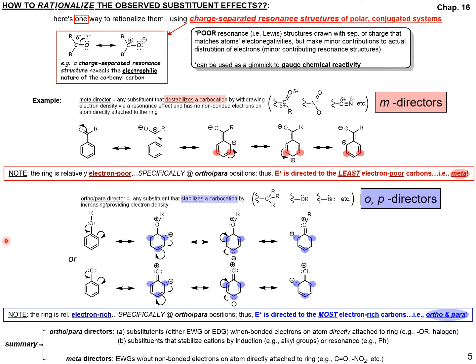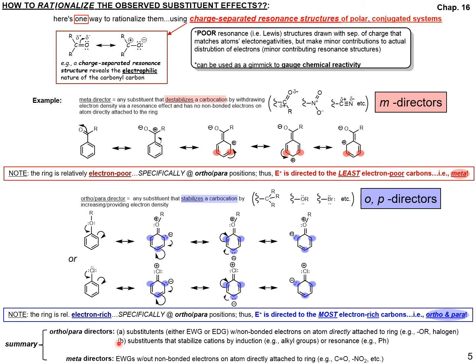So the summary here would be that ortho-para directors are going to be any substituent, either an electron withdrawing or electron donating substituent, that has non-bonded electrons on the atom directly attached to the ring. So even though you might think halogen is withdrawing electron density via an inductive effect, it can add electron density to the ring via this resonance effect, a bonding effect.